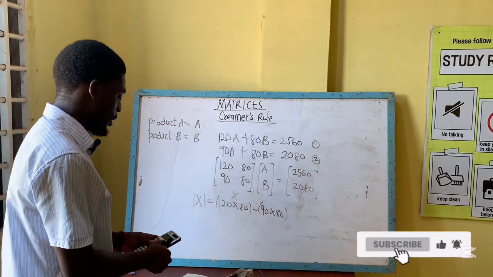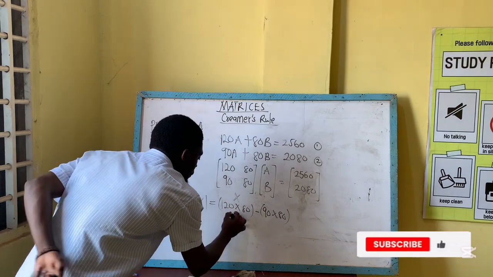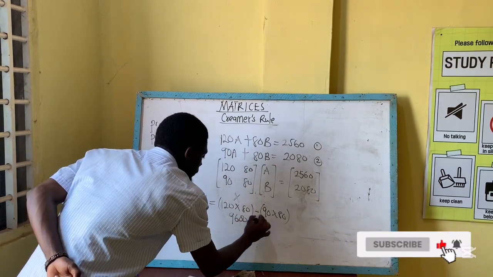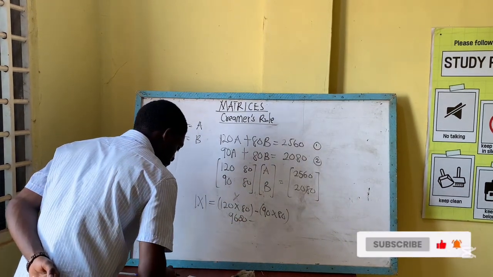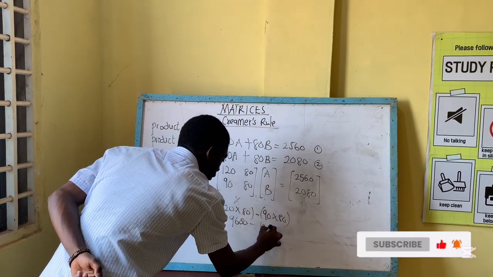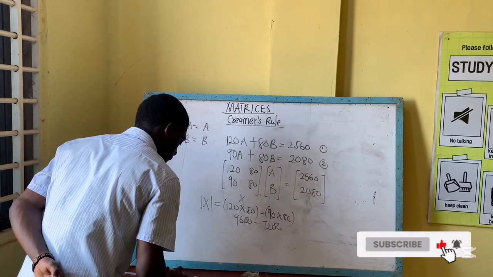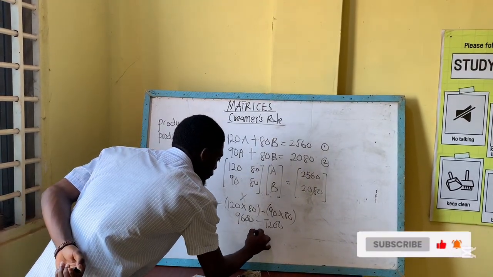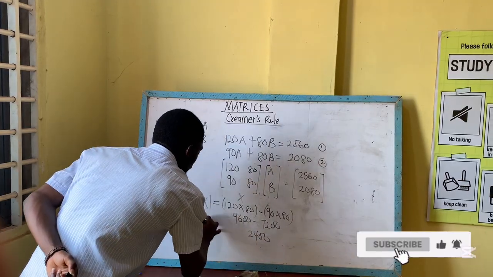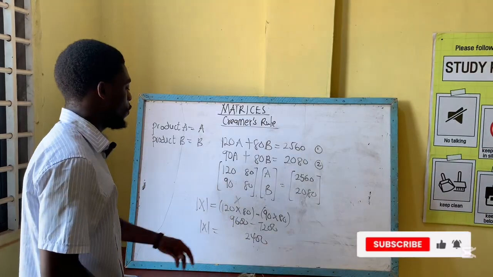If you multiply 120 by 80, we are getting 9,600. Then 80 by 90, we are also getting 7,200. The difference now gives us 2,400. Now the determinant for matrix X is 2,400.